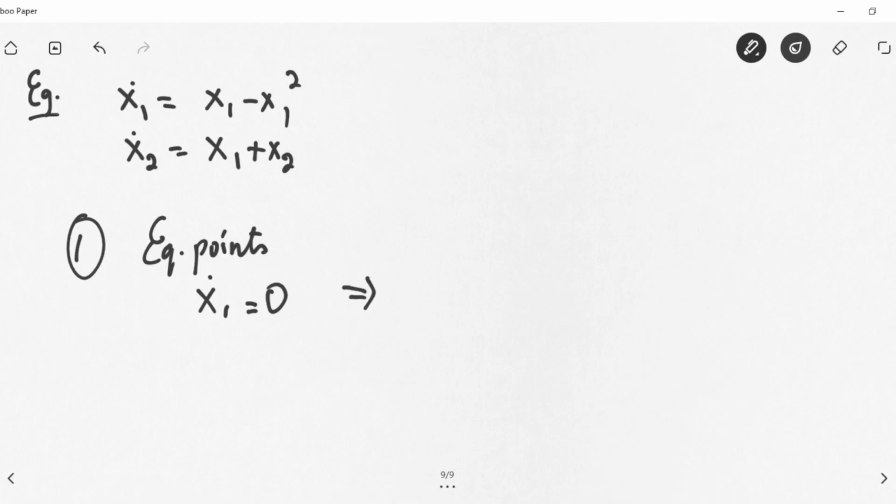Implies x1 minus x1 square is equal to 0, which implies x1 times (1 minus x1) is equal to 0, which implies x1 is equal to 0, 1.